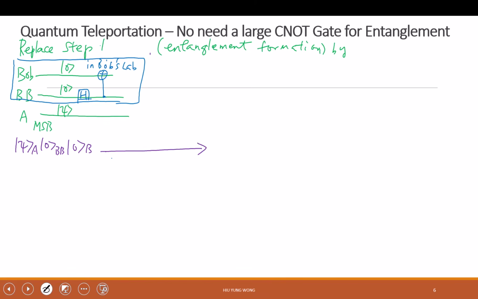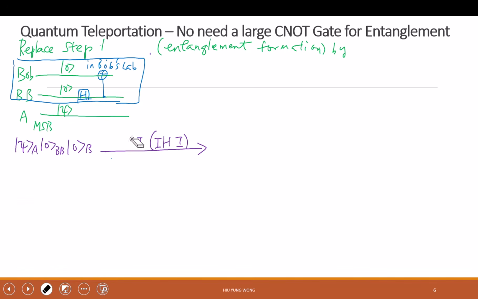How do you apply the Hadamard gate? Only to BB. Then what gates do you apply to Alex and Bob? Correct? And that is a tensor product. And after that, we apply a CNOT gate. So I'm going to also apply a control NOT. What do I do to Alex's qubit?